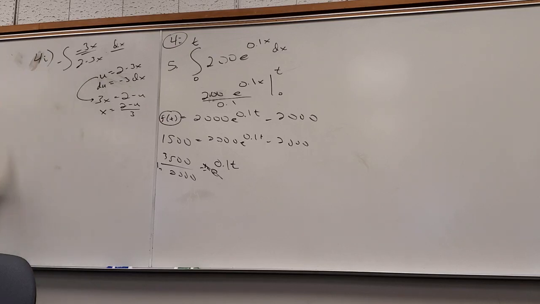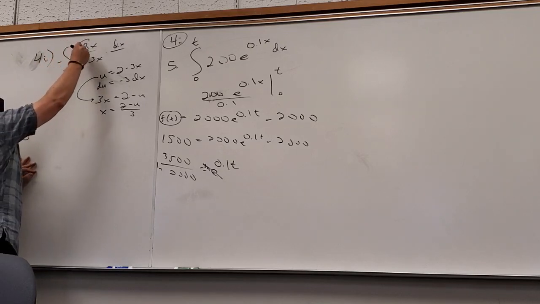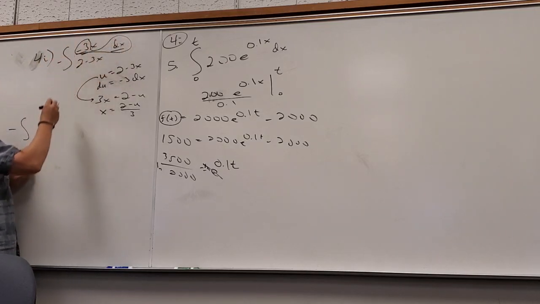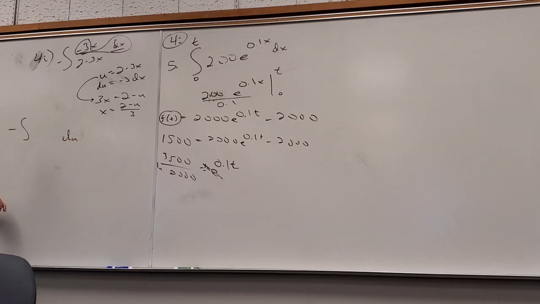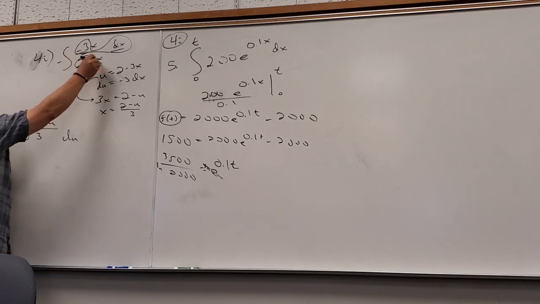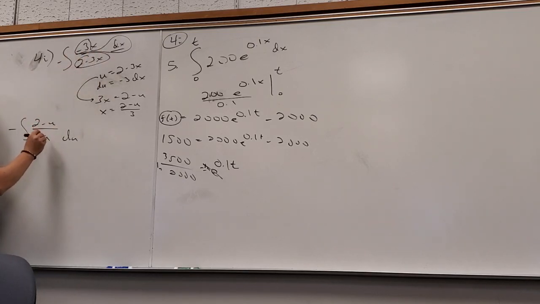So let's see. Anything I did here, not clear? Okay, so you get negative integral. Negative 3dx is du, yes? x is 2 minus u over 3, and this is u.